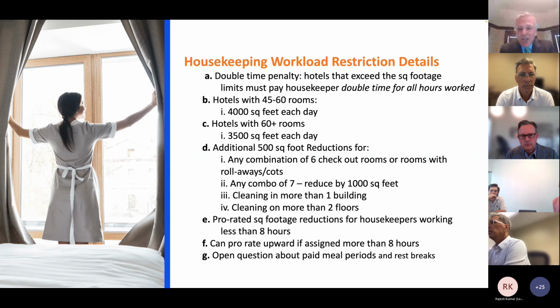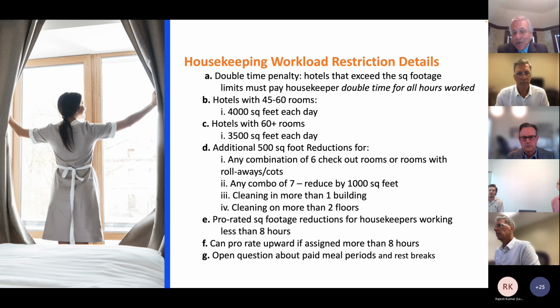There is an ambiguity here. The question is, if you have 5 checkout rooms and the 6th one has a rollaway and cot, is that a 500 or 1,000 square foot reduction? I think right now the safer course is to reduce 1,000 square feet, but we hope this is one of the ambiguities that's cleared up when the city issues regulations.